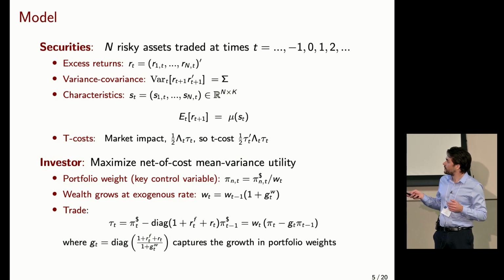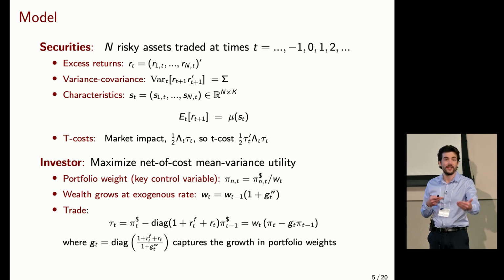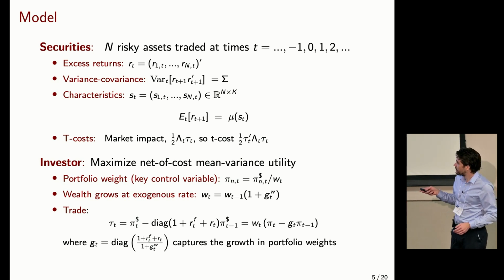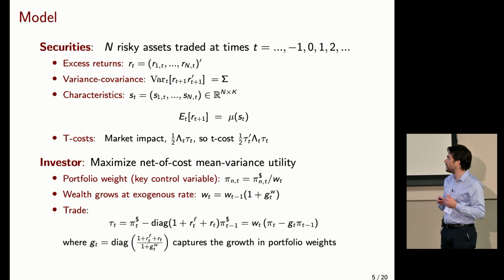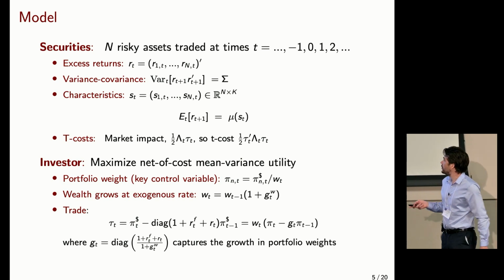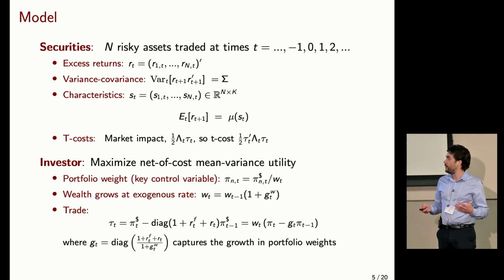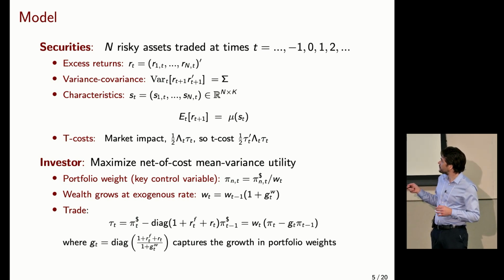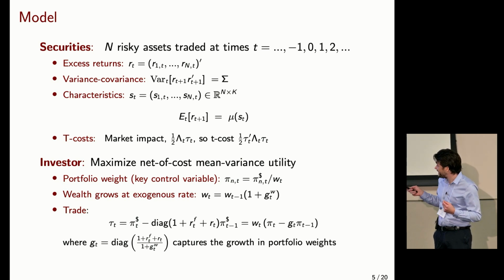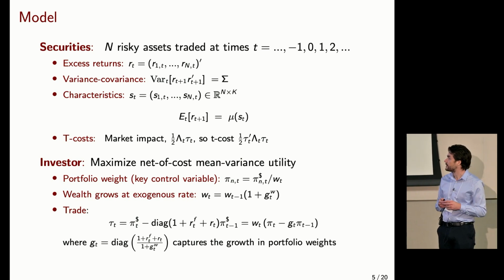So the portfolio that you're trading away from will not be exactly the same as the portfolio that you bought last period. This is actually a significant complication, and one of our theoretical contributions is to handle this portfolio growth. If you do this in terms of fractional portfolio weight, you can write it like this, where you have this G term that controls the growth in your underlying portfolio weights. As I said, this is a complication, and this is something that we contribute on handling.